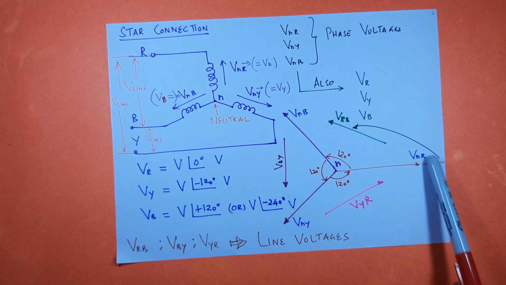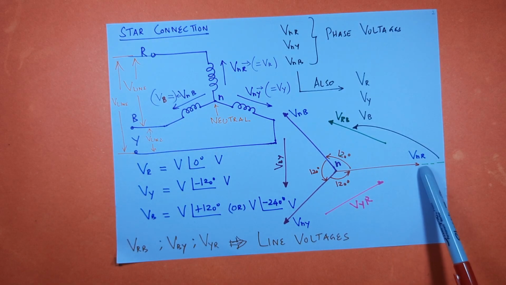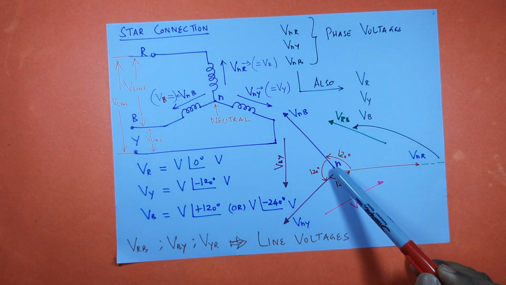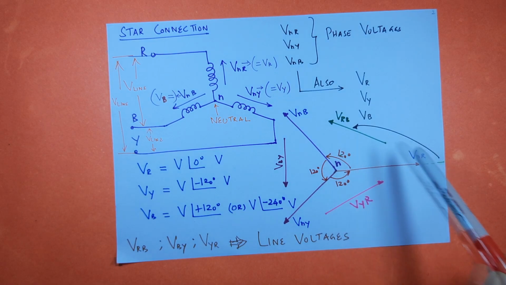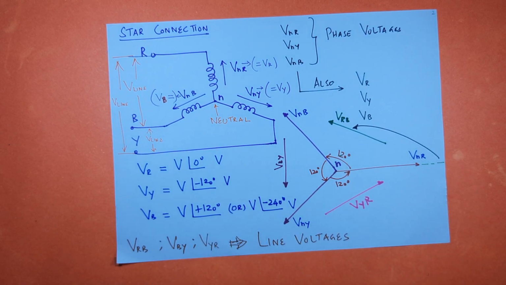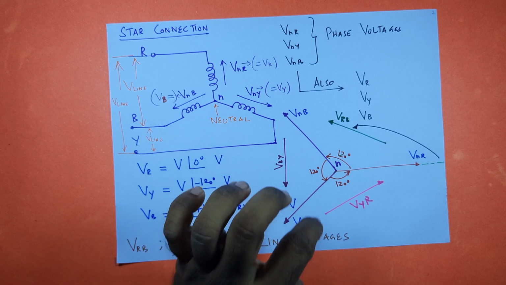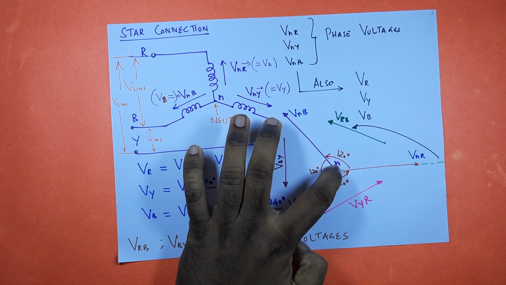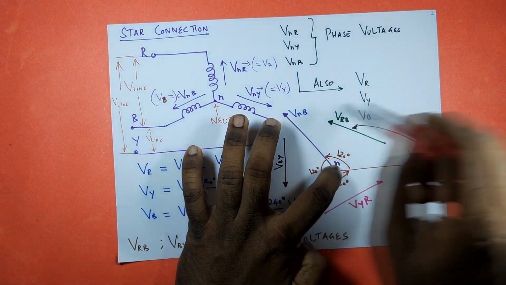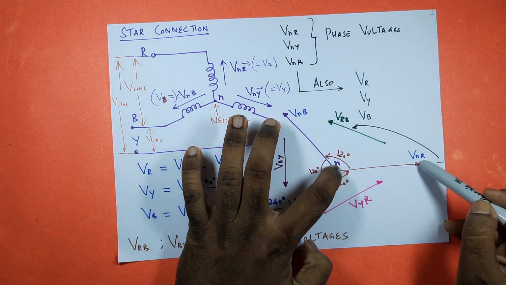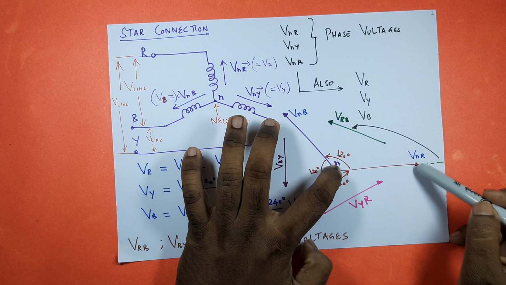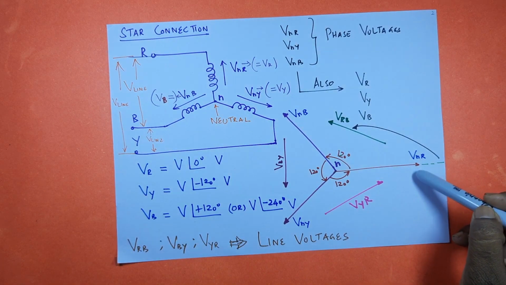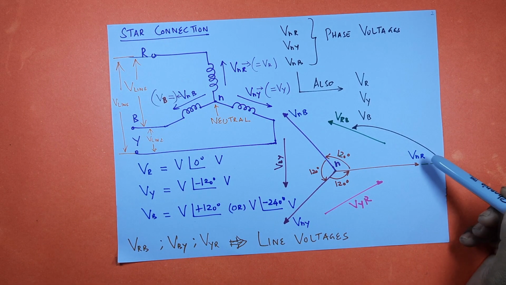So VR, this is a phase voltage. Say if it is a reference, this is a point of rotation, this is a direction of rotation, that is anti-clockwise direction of rotation. Suppose with respect to this point, imagine this is rotating. Suppose this is the point of reference. So this VR first crosses this point.